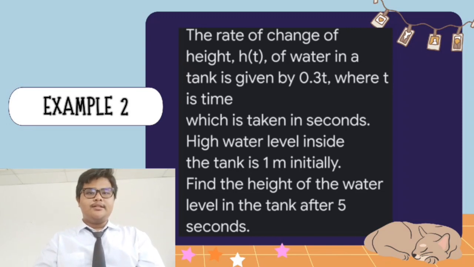Now I will give example 2. The rate of change of the height H(t) of the water in the tank is given by 0.3t, where t is the time, taken in seconds. The water level inside the tank is 1 m initially. Find the height of the water level in the tank after 5 seconds.